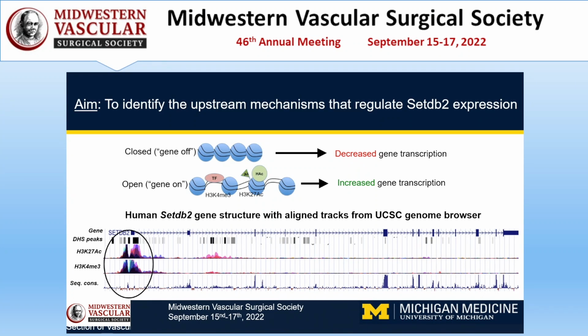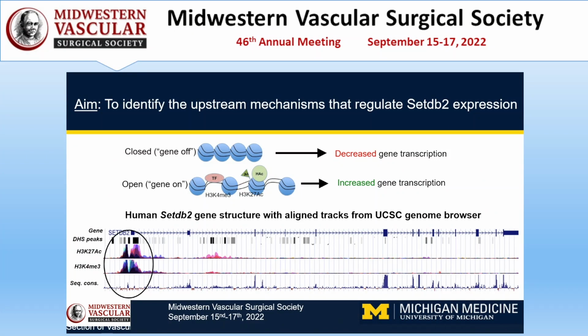The encircled aspects on this plot are open chromatin regions that align with DHS, or DNase hypersensitive regions, which are open chromatin regions in the genome. Not surprisingly, these also align with areas of active histone marks, such as H3K27 acetylation, as well as H3K4 trimethylation. And notably, there were a variety of conserved sequences within this promoter region.